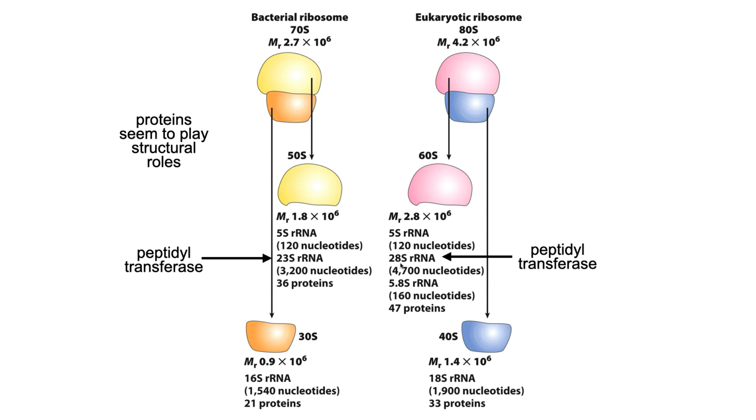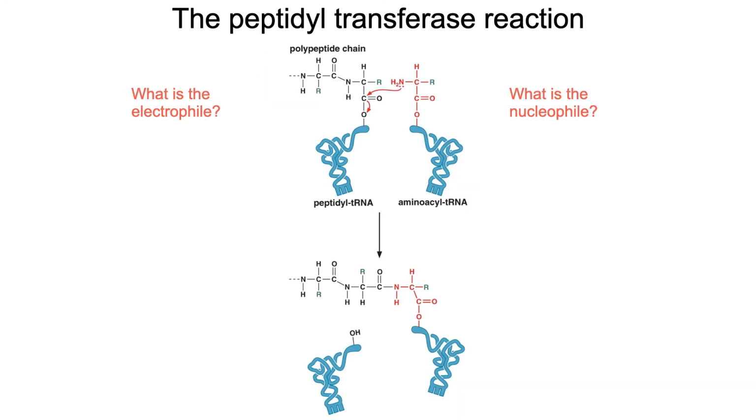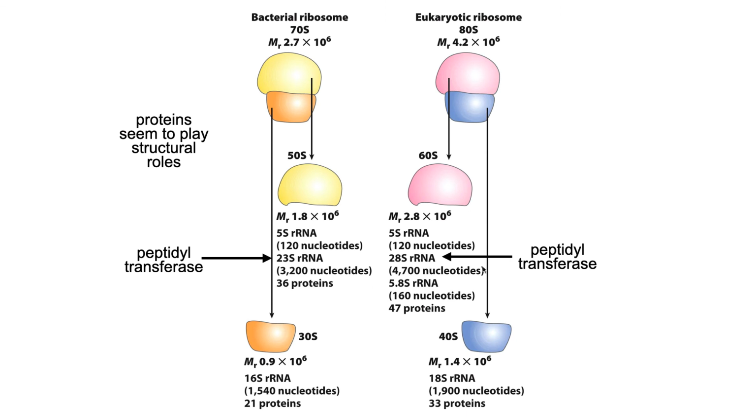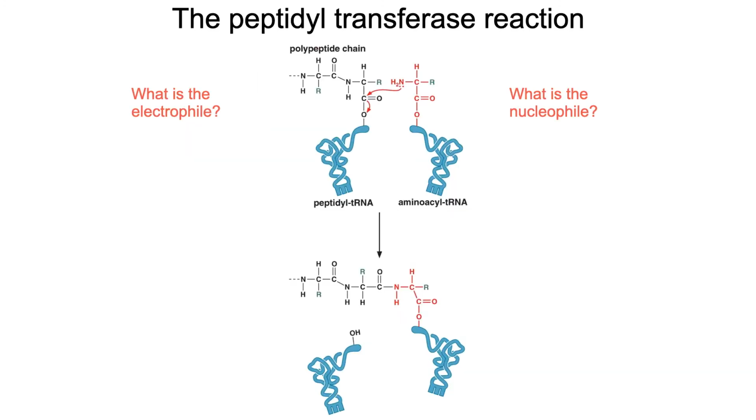The 28S ribosomal RNA in the eukaryotic ribosome has peptidyltransferase activity. So it's the RNAs that are the really important thing. The proteins simply stabilize the structure of the RNAs.